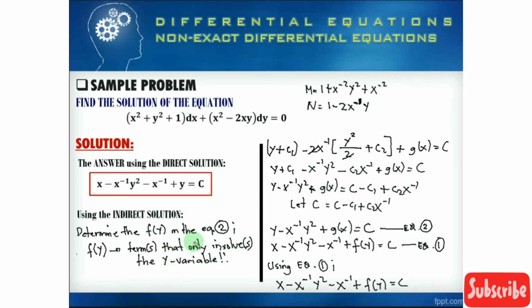So in equation 2, as you can see here, we have y minus x raised to the negative 1 y squared plus j as a function of x is equal to c. So how will you know the f function of y in this equation 2?